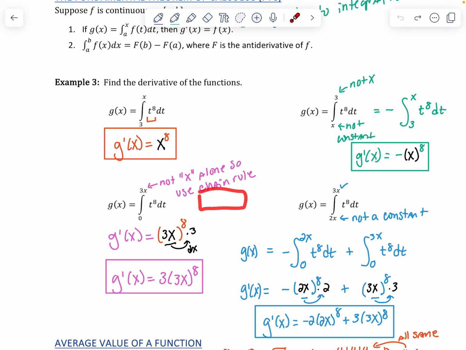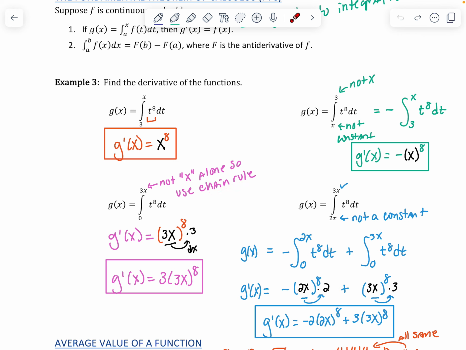So we'll have some other g of x function with some information off to the side. When we evaluate it at 3x, that gets us our new function. But when I take a derivative, I'm going to have that 3x to the 8th power, and I would then need to use the chain rule. I can't ignore the fact that I didn't have x alone.